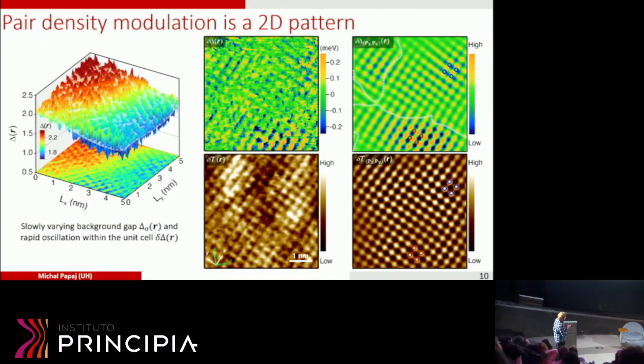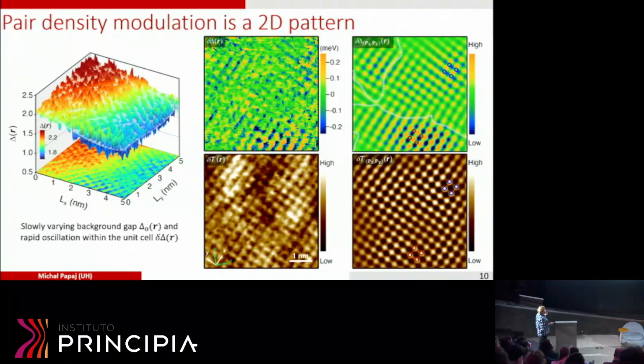So one sublattice has a maximum and the other has a minimum. There are also domains, regions in which this switches: the sublattice that corresponds to gap maximum becomes the sublattice with minimum, and vice versa.